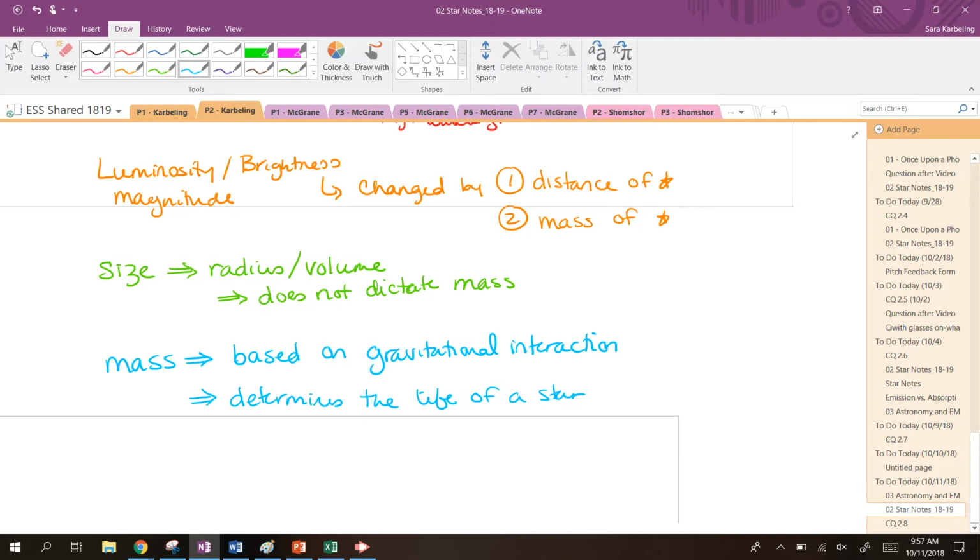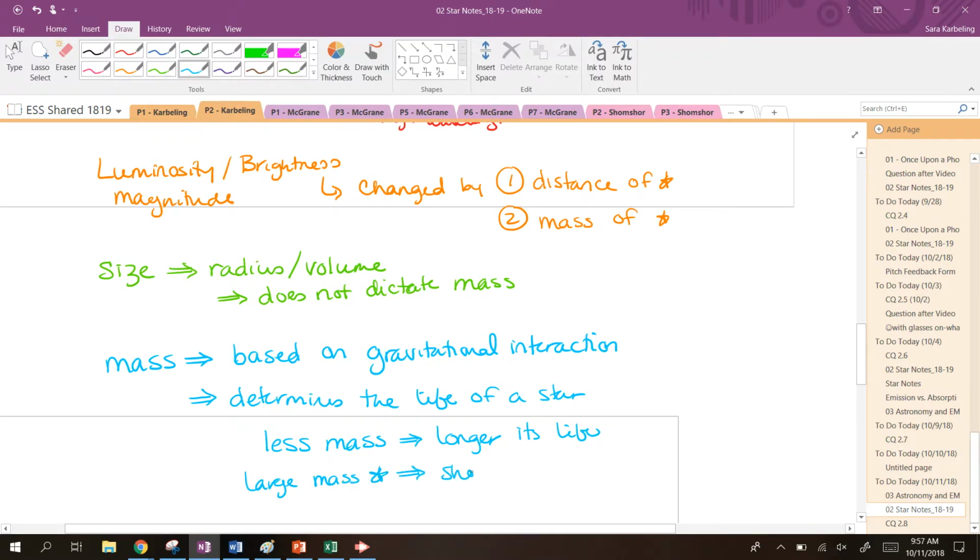Is that okay? I just want to make sure I have it written down. So the less mass that a star has, the longer its life. Okay, large mass stars have a shorter life.